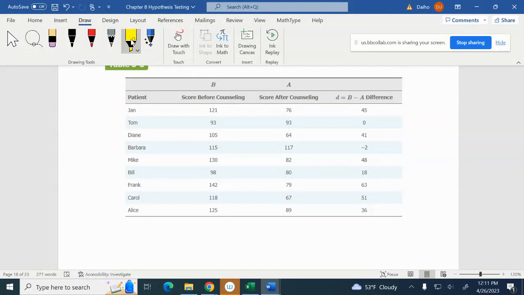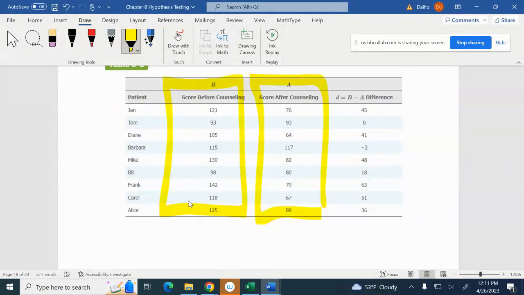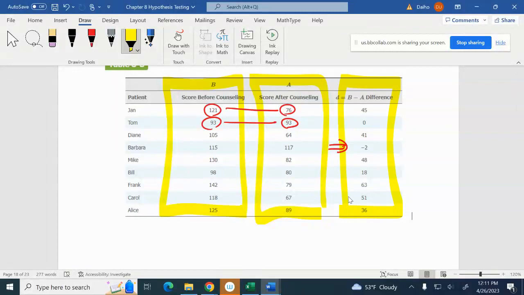So in this case, we have two groups, before and after, but they are different, so we can make the pair. And we take one sample, the difference. So now we can state the null hypothesis.